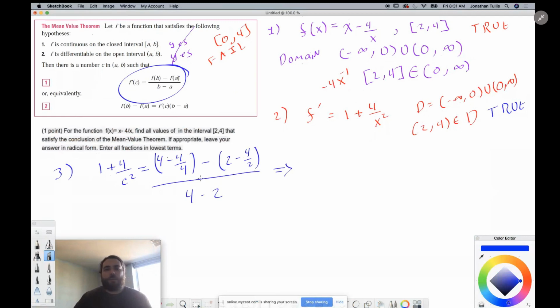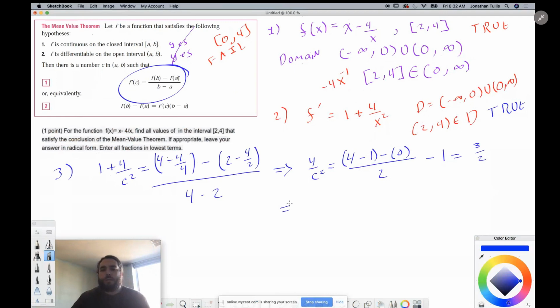So from here, it's just arithmetic. This is going to be 4 minus 1, so we're going to have 4 over c squared is equal to 4 minus 1. And then this is 2 minus 2, which is 0, so minus 0, over 2. Make sure you're keeping with your parentheses. And then I brought the 1 over, so that's equal to 3 halves.